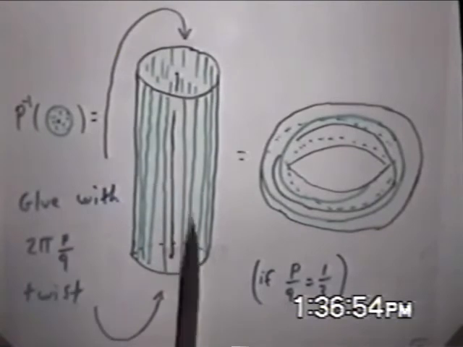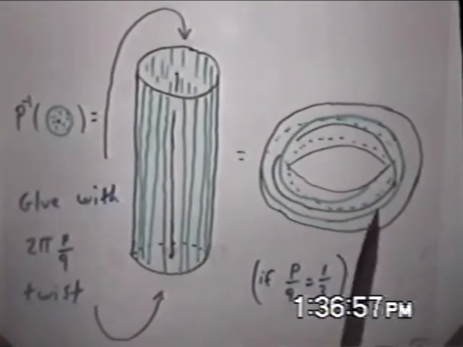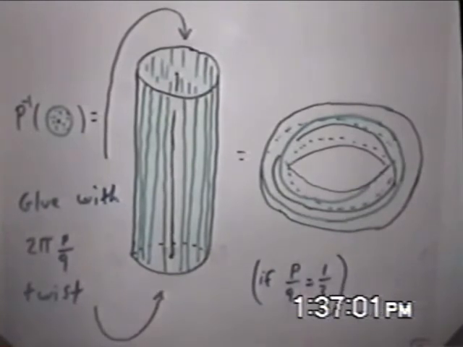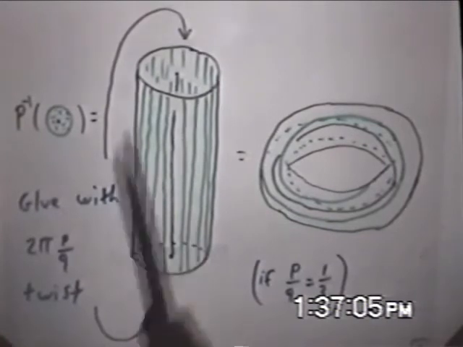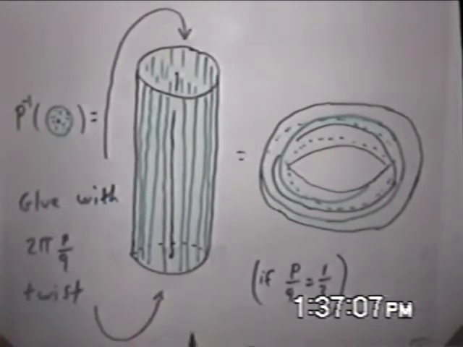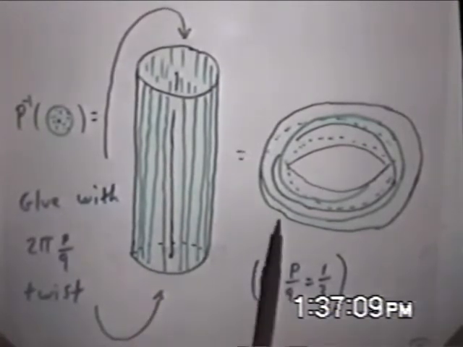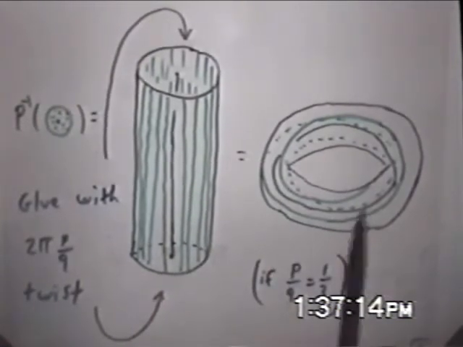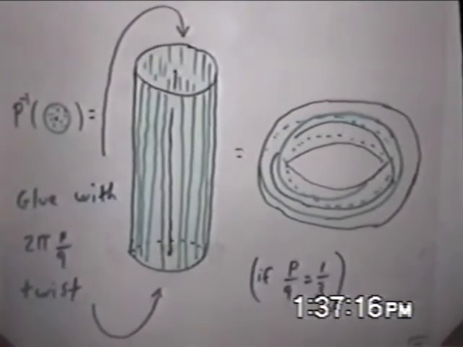So the core of the solid torus will, when you suspend it around, close up to a nice closed circle. But these other circles might wrap around. So for example, if p/q is 1/3, then any other circle is going to wrap around the solid torus 3-to-1.